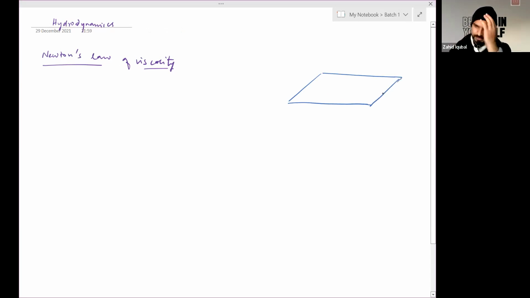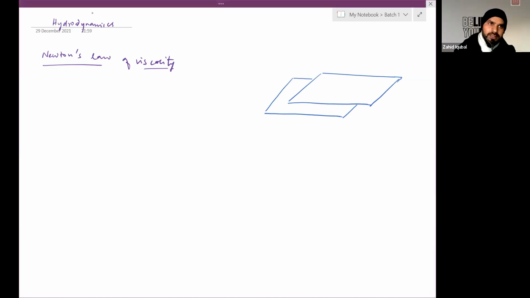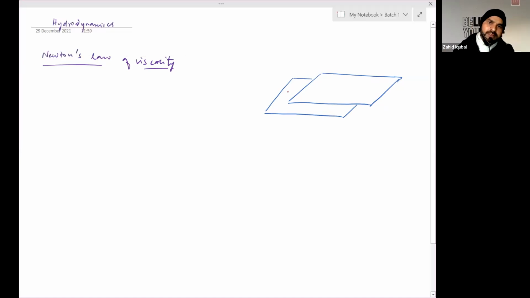One of the layers has area A and its adjacent layer, and so on, during which each layer opposes its neighboring layer by a force which is called viscous force. So this viscous force acting between two layers of liquid must be along this direction, let's say Fv.